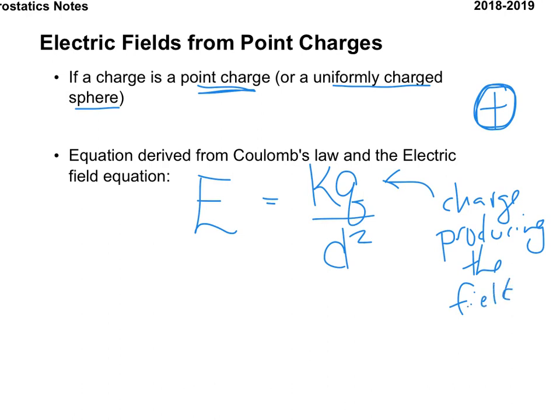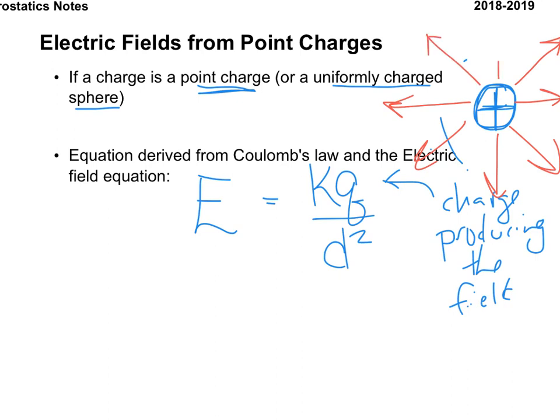So when I place my positive charge here out in space, it's going to modify the space around itself, and it's going to generate an electric field. And what this equation allows me to figure out is how strong that electric field that this positive charge generates is. And it allows me to say, well, if I bring a positive test charge in here later, what's going to happen to that charge?